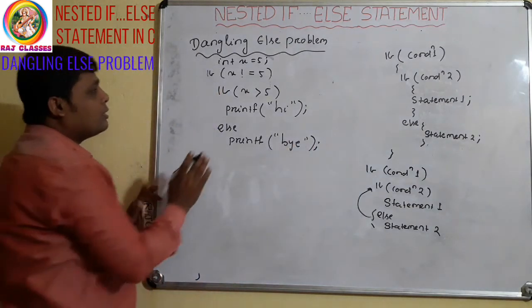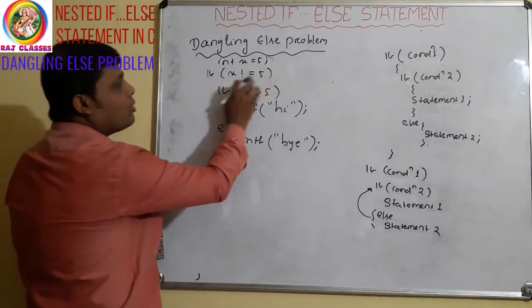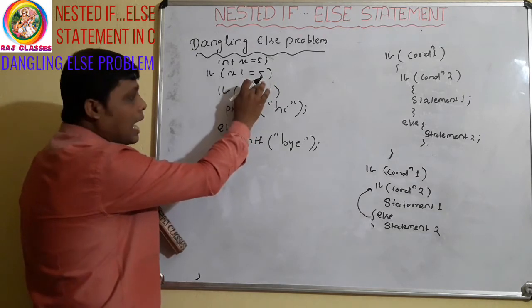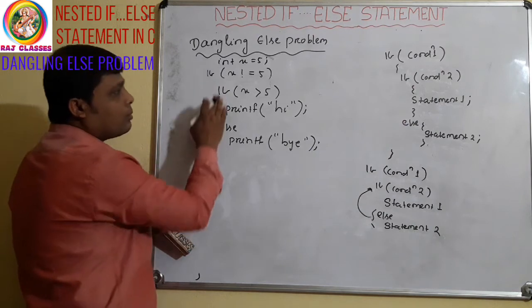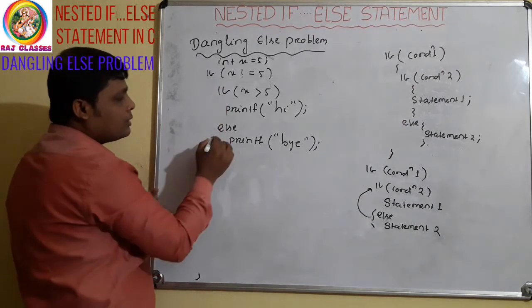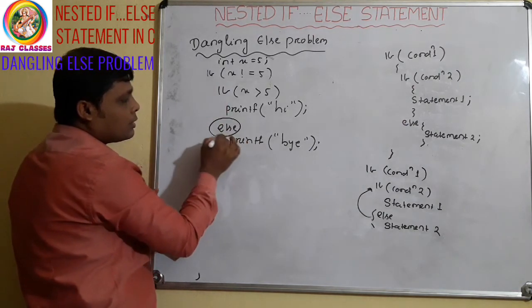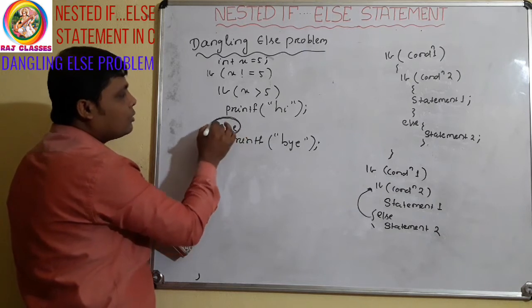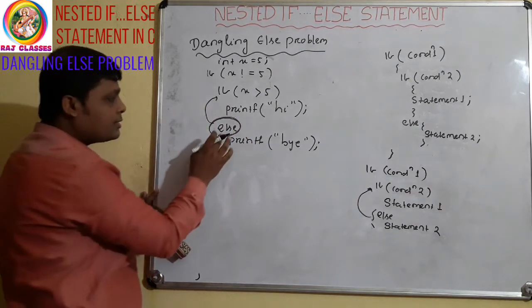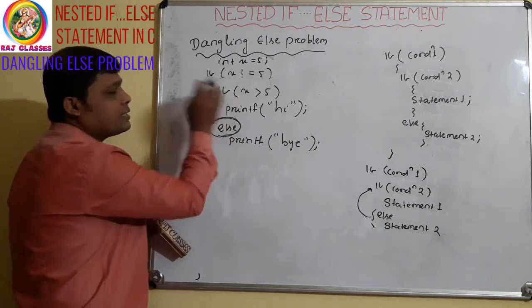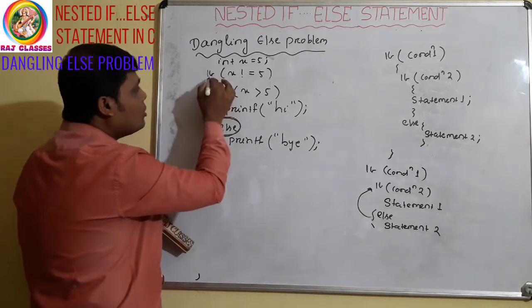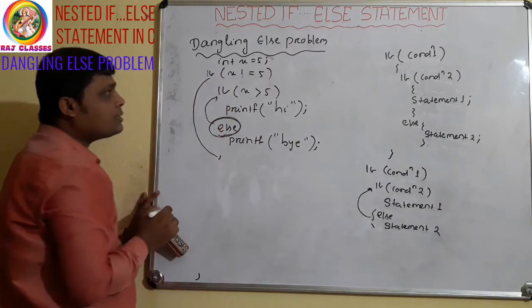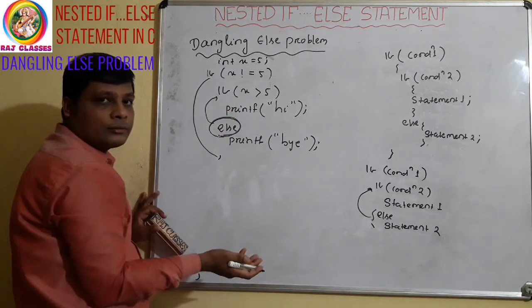Clear? Now see, the first condition is false. I have already told you, if you do not write the nested if else in proper order, the system will take this else to the nearer if. This else will be the else part for this if, not for the other if. So this condition is false, there is no else part for it, so it will print nothing.